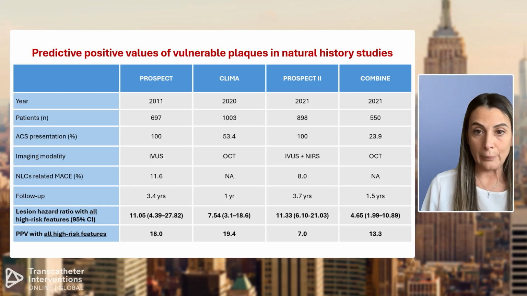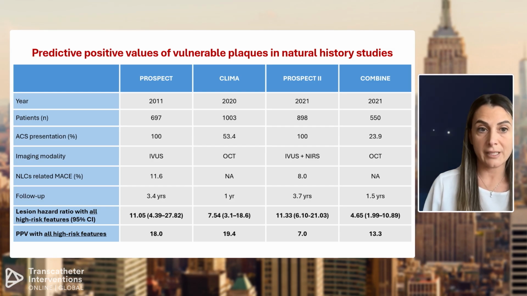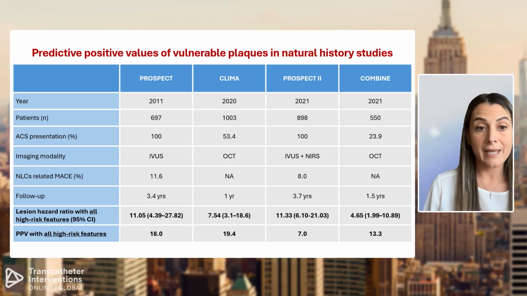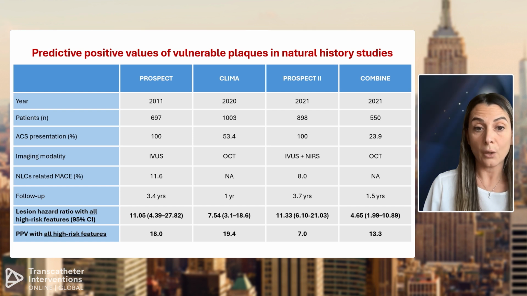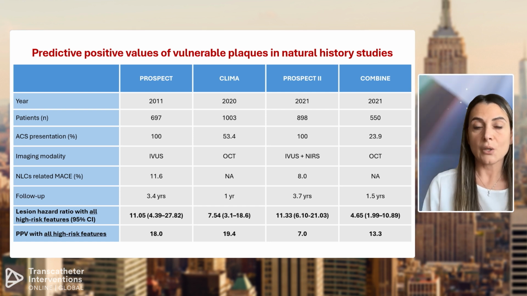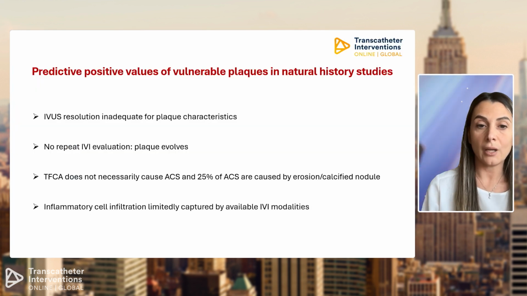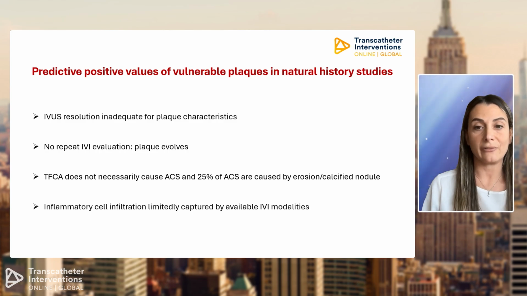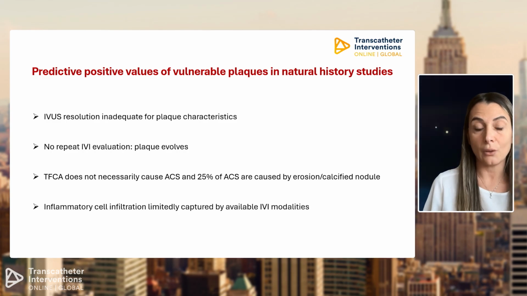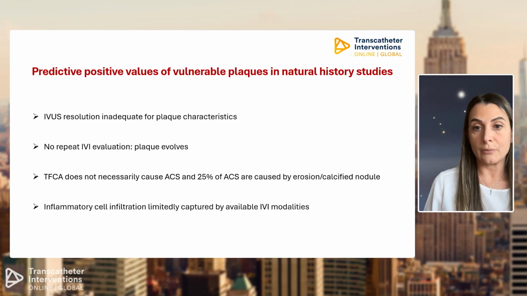Another very important point for discussion is the positive predictive value of vulnerable plaque in these natural history studies, which stays anyhow below 20%. So why is that? Why are we not able to identify, or let's say why does this positive predictive value of vulnerable plaque remain so low?